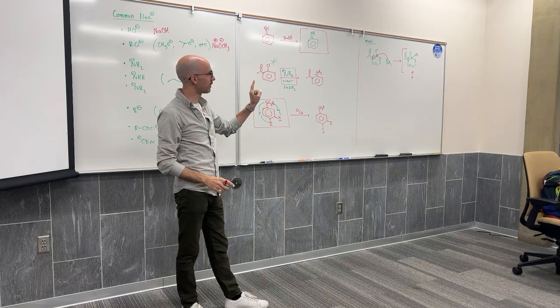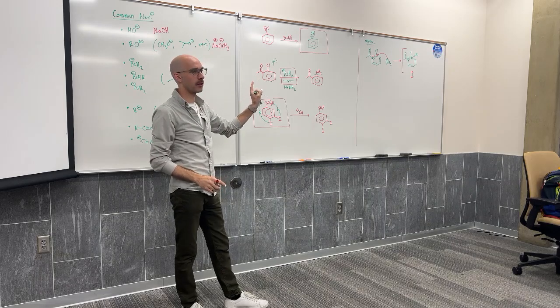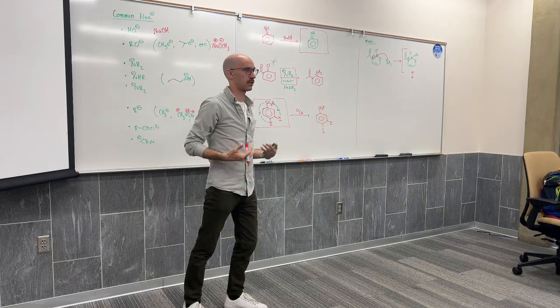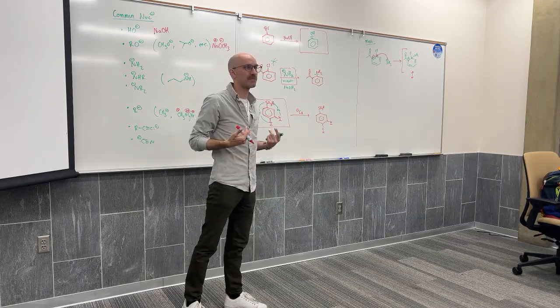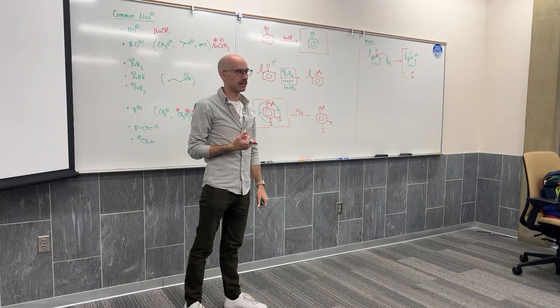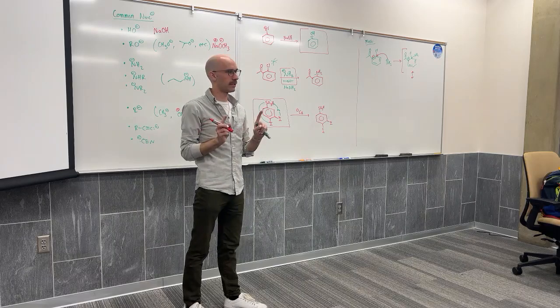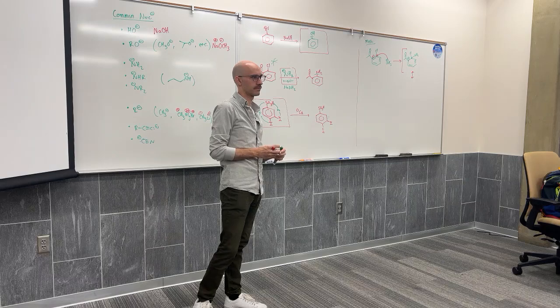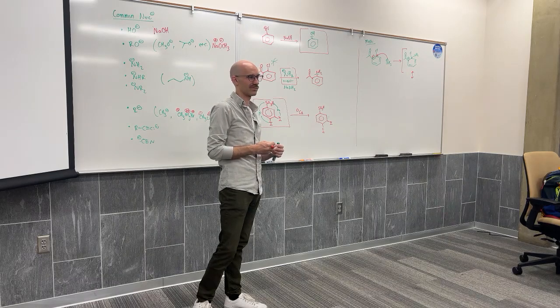What is the placement between the electron withdrawing group and the electrophilic carbon? The carbon that has been attacked. The carbonyl is what to the electrophilic carbon? What relationship?